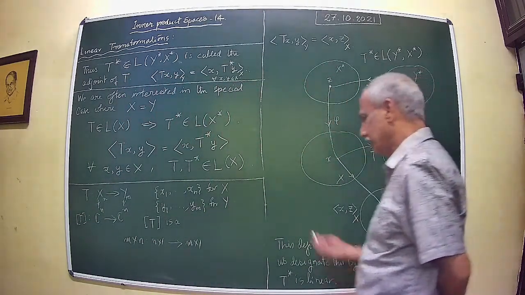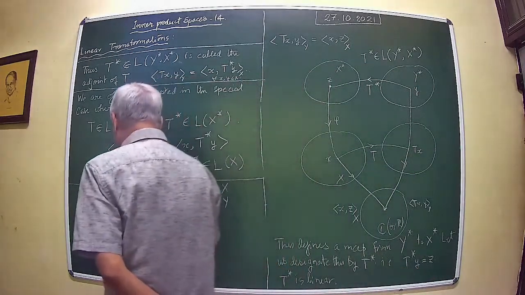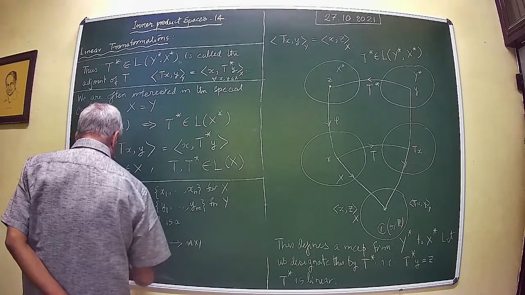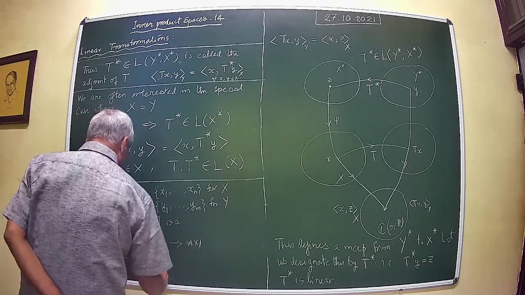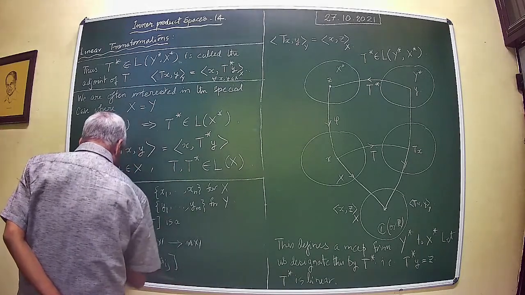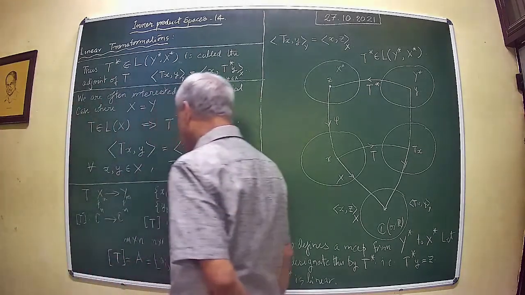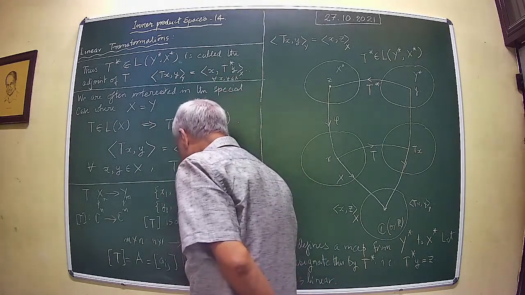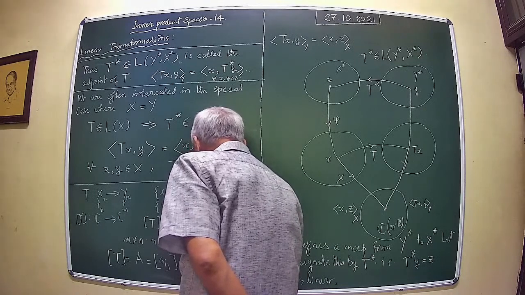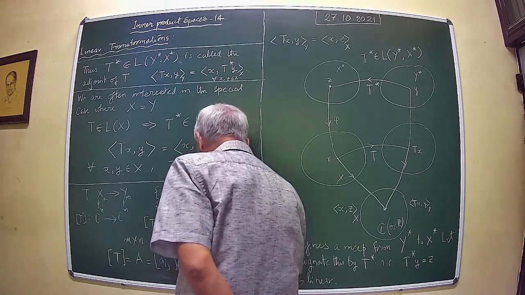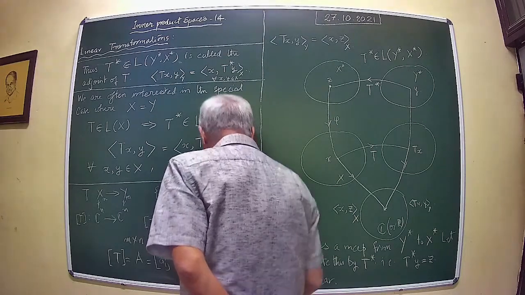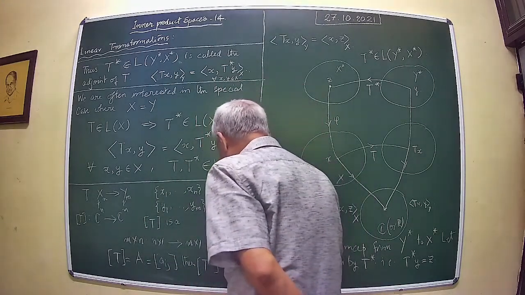And then we have seen the relation between T and T prime. Suppose T is represented by Aij, then T prime is represented by Bij.